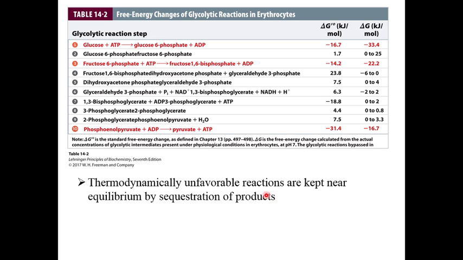NAD plus is not considered here because NADH is the ATP equivalent. So you get 2 ATP and 2 NADH. 2 NADH stands for 5 ATP molecules plus 2 ATP, that is 7 ATP is the overall yield, in ATP equivalence, if we convert NADH to ATP equivalence.